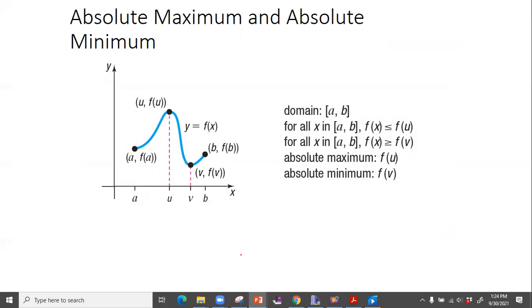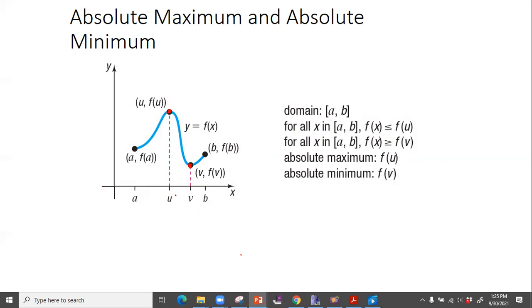From A to B, I have this increasing, this decreasing, this increasing. But my absolute maximum, the absolute point where I increase and decrease, is here. My absolute minimum, where I decrease then increase, is here. Those are my absolute locations.